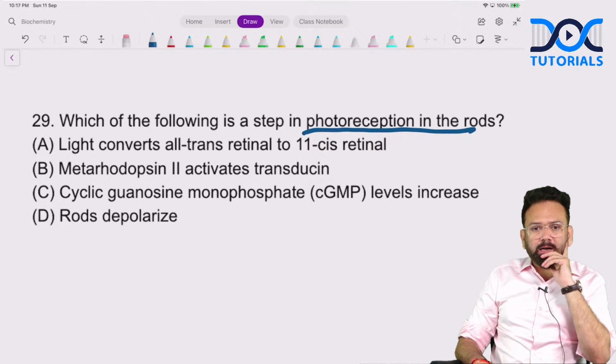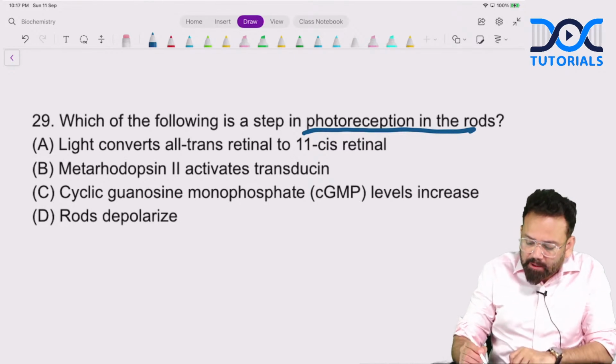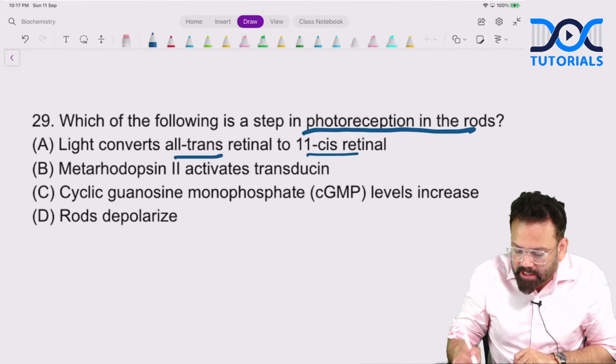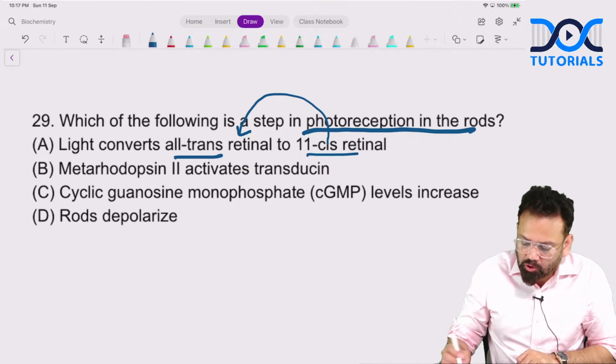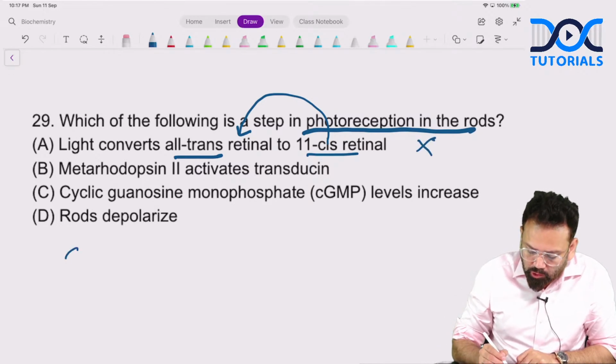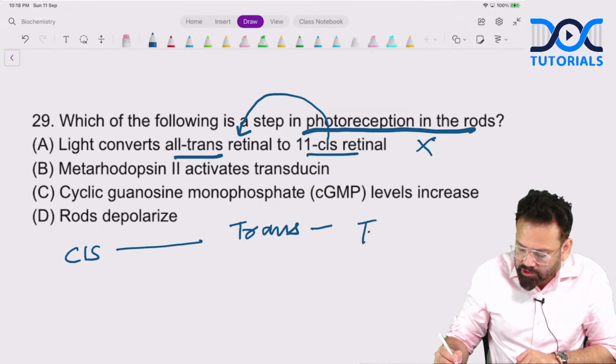If you remember the diagram which I have given in my notes, light converts cis into trans. The first option is wrong, it is given the opposite. Cis retinol is converted into trans retinol, which forms a protein called transducin.